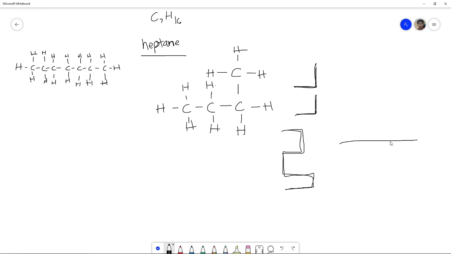But if we have a shape like this, with 1, 2, 3, 4, 5, and 1, 2, 3, this would not be called octane, even though there are 8 carbons, because this is not a continuous stream. I have to go backwards down this line to get back to the other pair. We'll talk about that later, but just know that it's not a continuous stream, and instead it would be called pentane with some additional words, obviously.